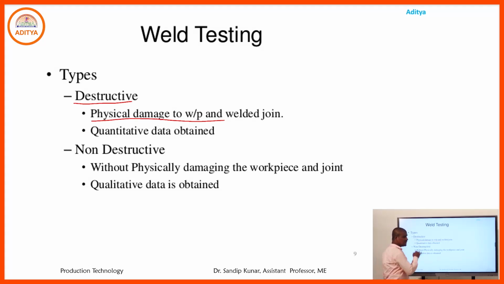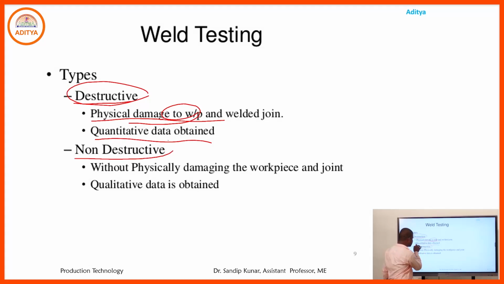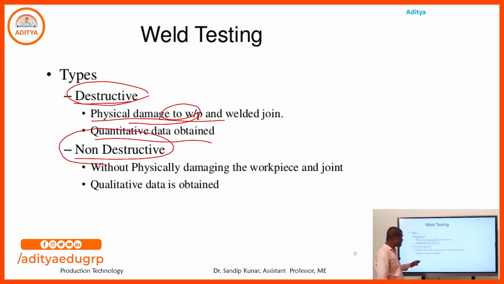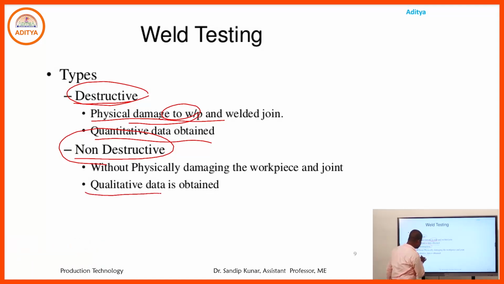Due to destructive testing, we damage the weld joint and also the workpiece. Quantitative data is obtained by destructive testing. And in the case of non-destructive testing, we collect the data without physical damage to the workpiece and weld joint. Here we get qualitative data in the case of non-destructive testing.